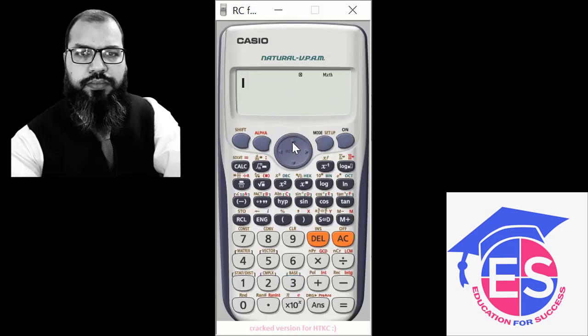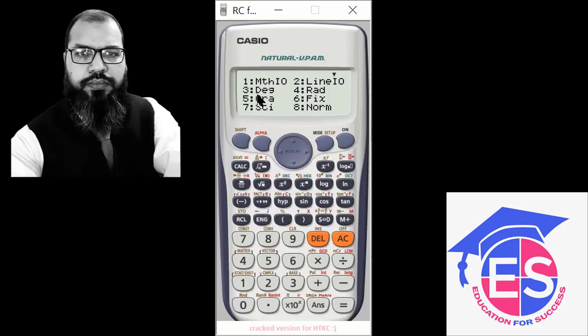Okay, now if we want degree, press 3. Here is 3. If it is not 3, and D is not here, then do it like this: shift and then setup, and shift and then 3.